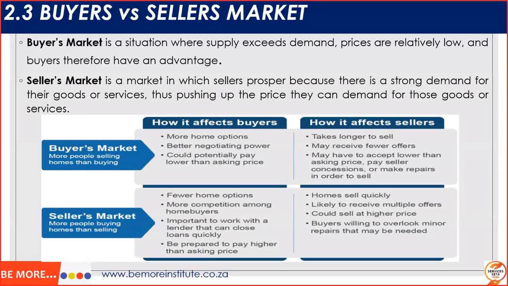Thanks, Moses. I think even within an area, it's also the type of housing. For example, you'll find that estate living is more of a seller's market because there is high demand, but standalone houses are experiencing a different kind of market. There is not a lot of demand.